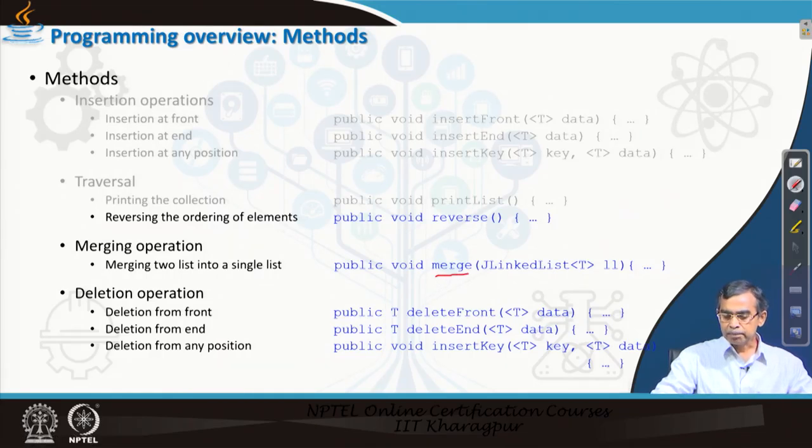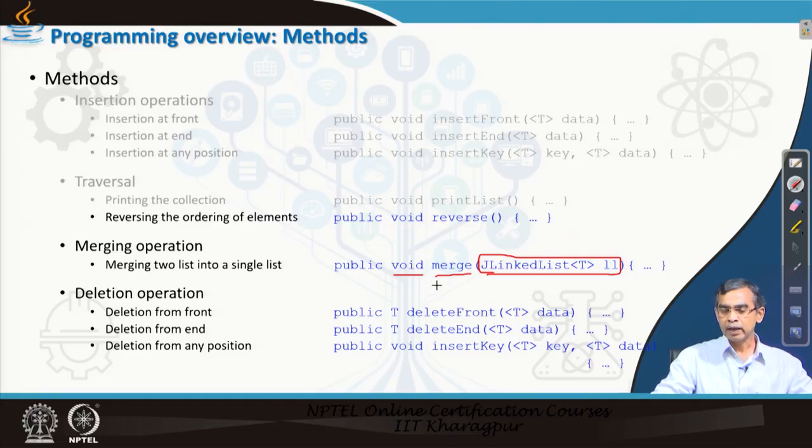The name of the method is merge. It does not return anything, void, and here it takes a linked list, t ll. So, basically we have to pass one list as an argument, and this merge method can be called for a list. Say this is list 1 and this is list 2. You should call the method merge for list 1 giving the argument list 2.